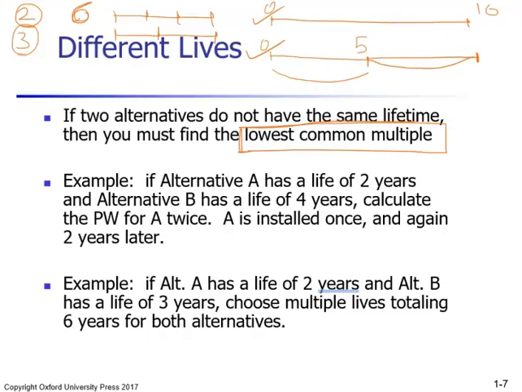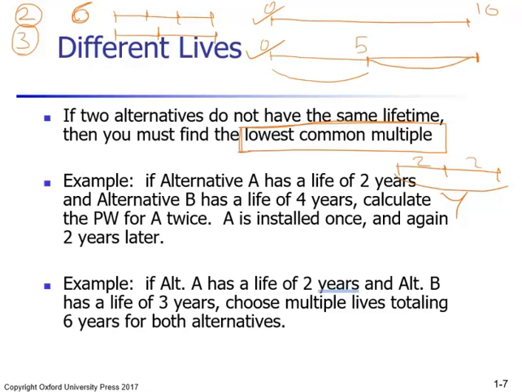Example: if alternative A has a life of 2 years and alternative B has a life of 4 years. Now it's another example. Calculate the present worth for A twice. So in that way, you are going to have 2, so totally 4 years.